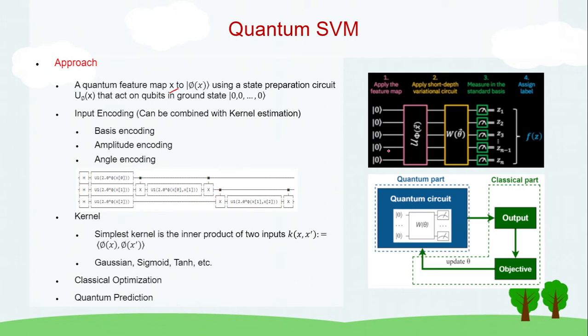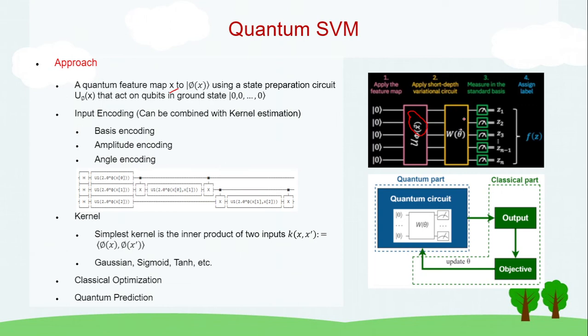You start with the zero state, and you apply the feature map, which converts it to a quantum state, and while applying it you make use of the given classical data. With that you then do the variational circuit. This again will have a lot of rotational gates, so basically how much to rotate is what you'll be working on.